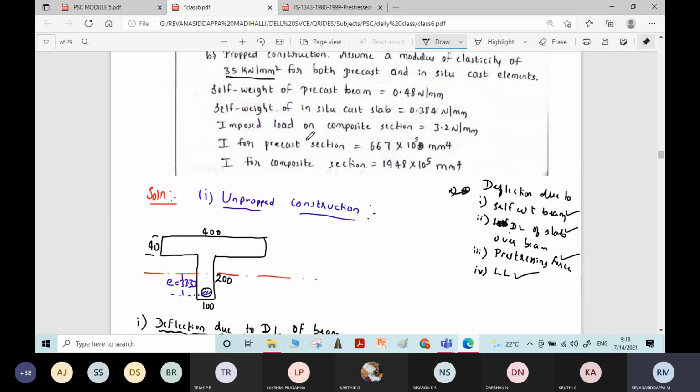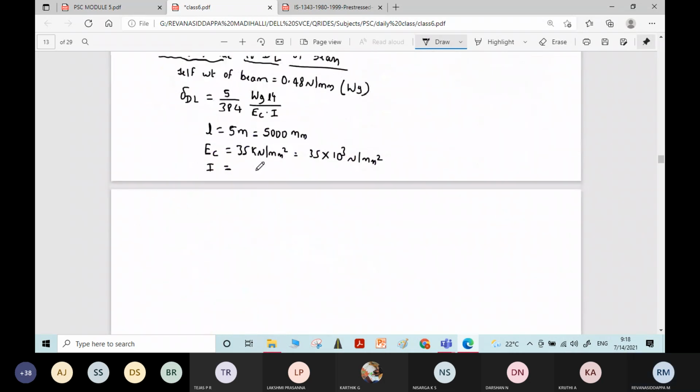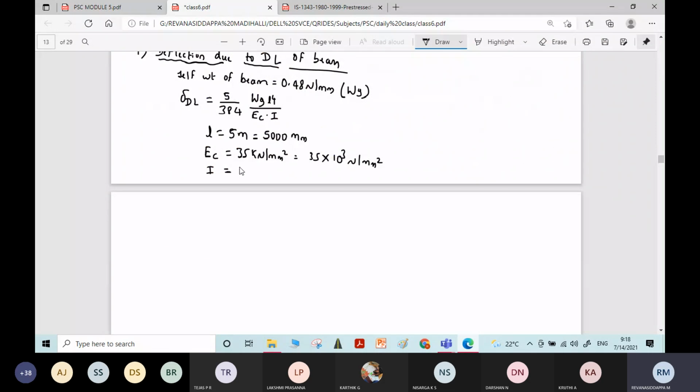Here it is not said as a beam; he said precast section. Precast section means it is understood that it is a beam. Therefore it is 667 into 10 power 5 mm4.